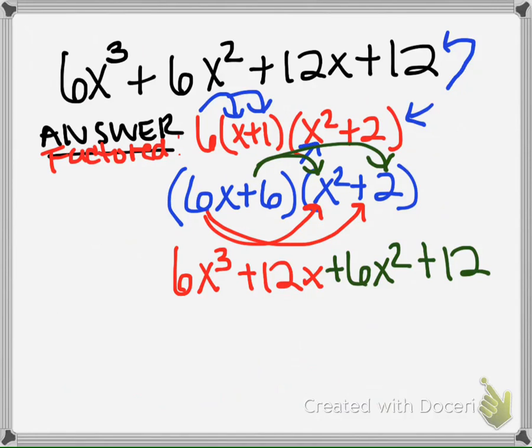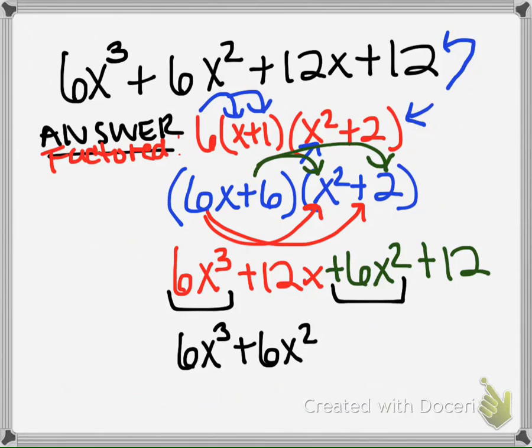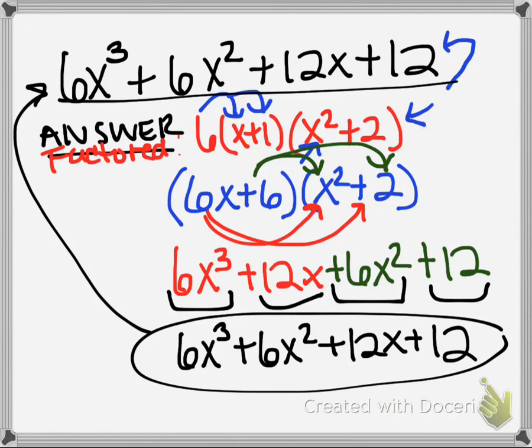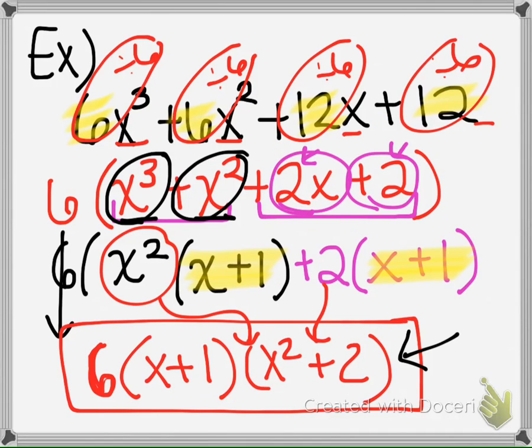And if we move things around, we would have 6x cubed, and then 6x squared, and then 12x, and then 12, which is what we had started with. So that just is proving that we correctly factored here.